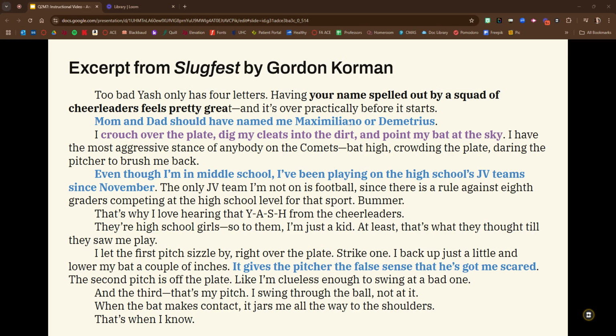His internal thoughts, these blue parts, to me reveal his desire to be seen as more than just a middle schooler and a strong ambition to excel. And then his interaction with others, like with the cheerleaders, show his growing recognition that people see him maybe a little differently because of his physical strengths.